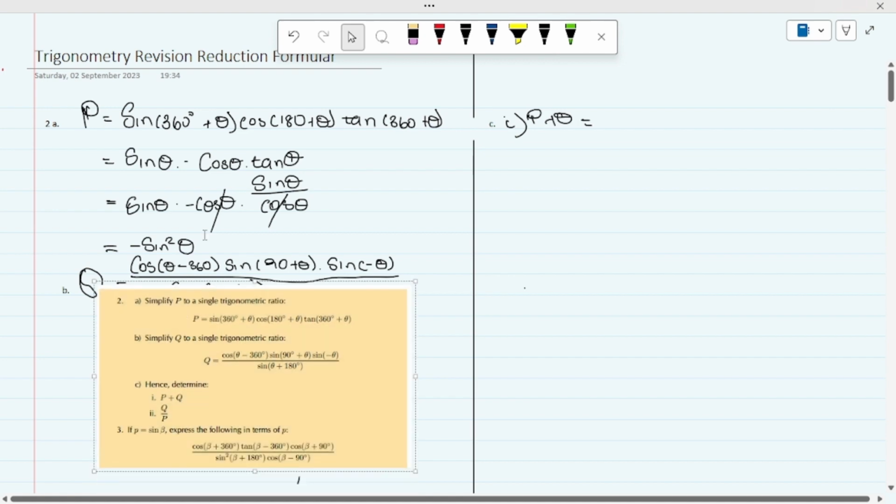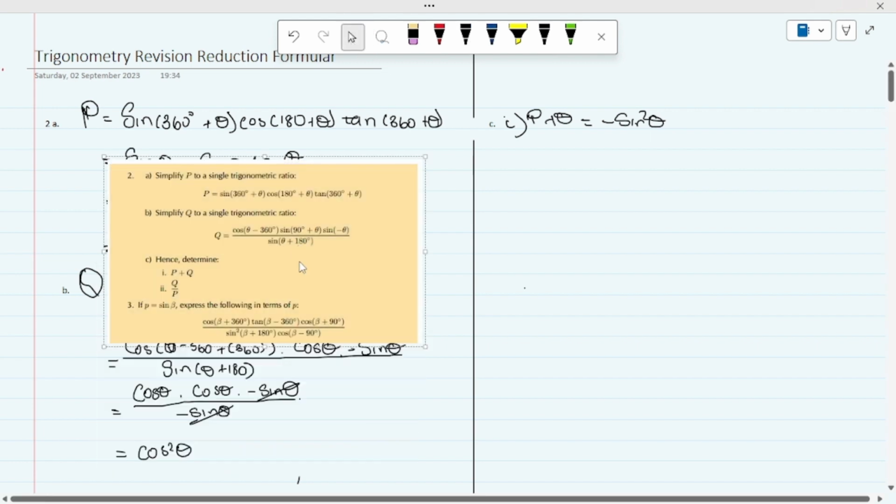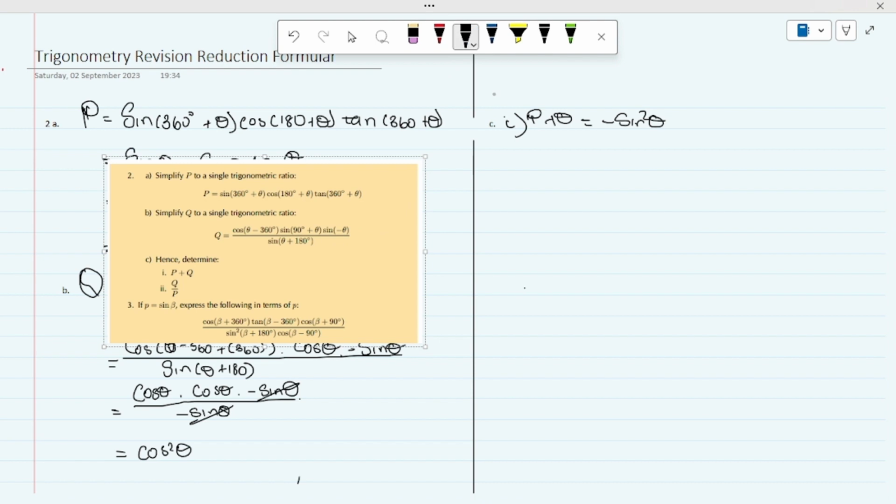P plus Q is gonna be minus sine squared theta, and then Q is gonna be cos squared theta, plus cos squared theta.